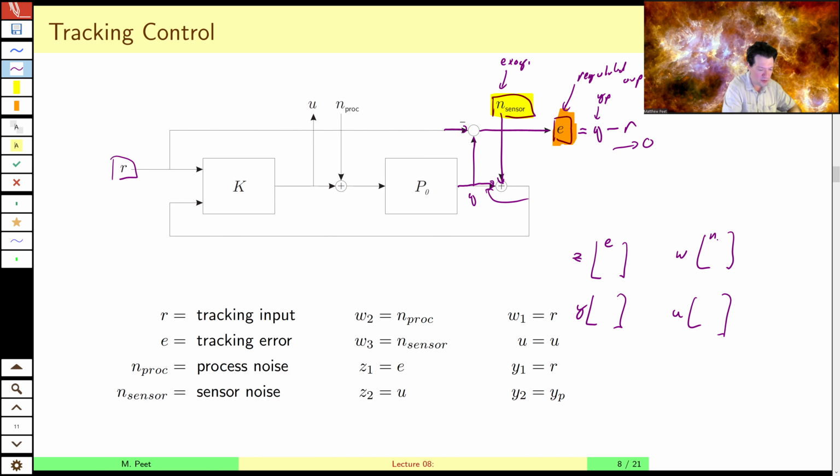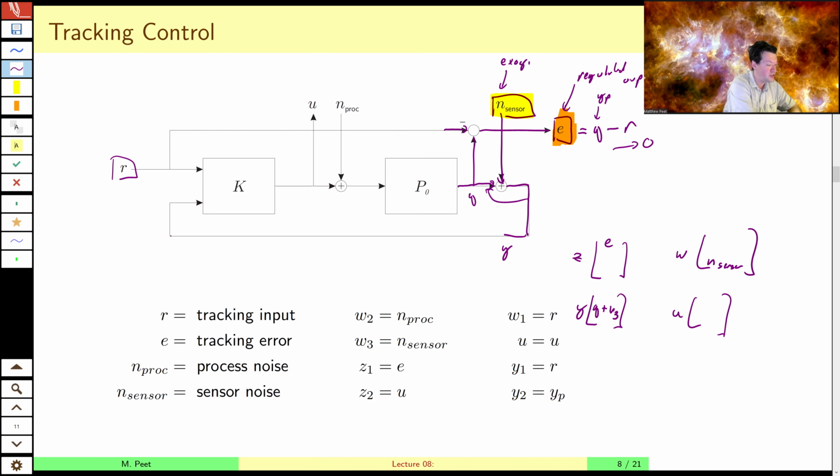Let's see, did I make it 1 or 2? No, we're going to make it number 2, so I won't get ahead of myself. Actually, it's 3, so number 3. We would put it down here. So then that gets added to Q, or the output from the plant, and that's the sensed output. So Y is Q plus W3.